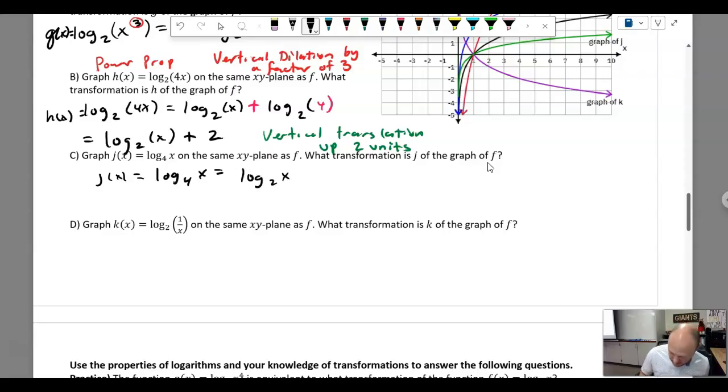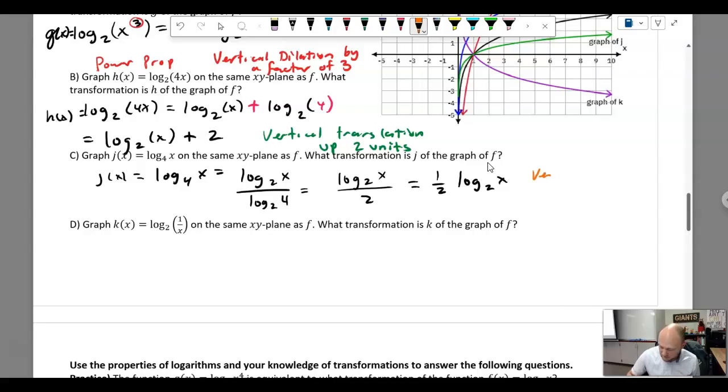So this is log base 2 of x divided by log base 2 of 4, and log base 2 of 4 is 2. So I have 1/2 log base 2 of x, and this is a vertical dilation.